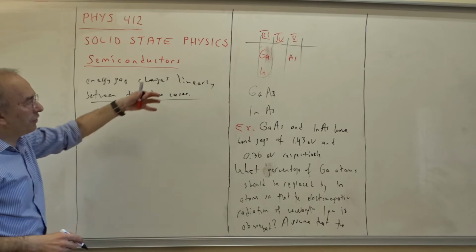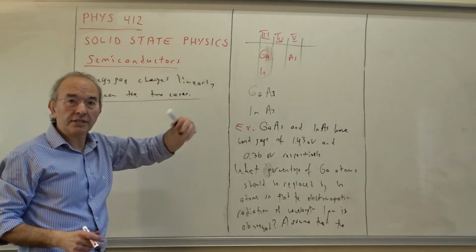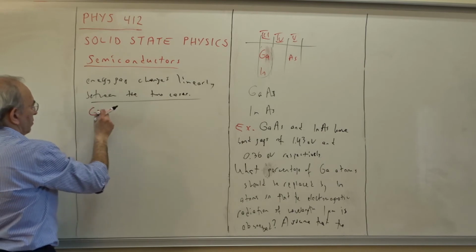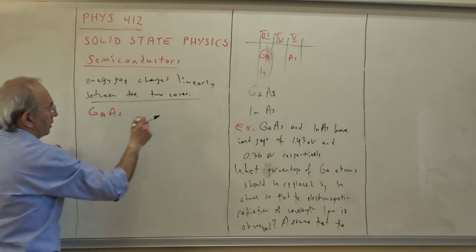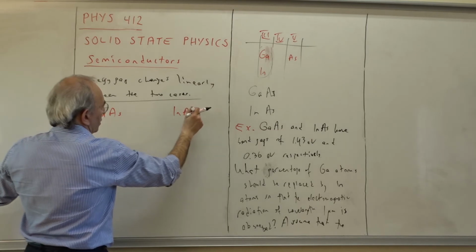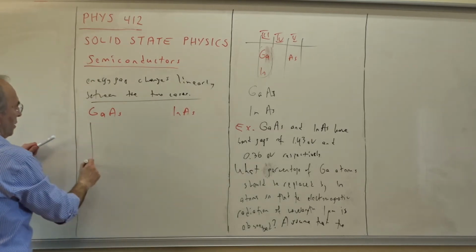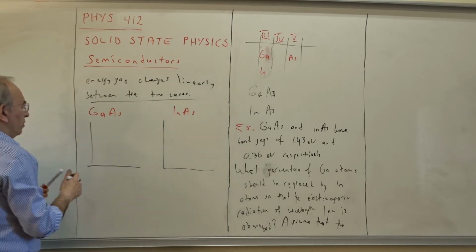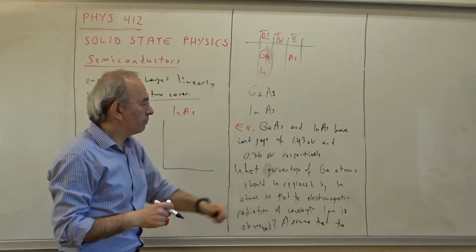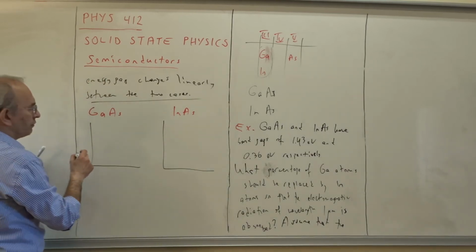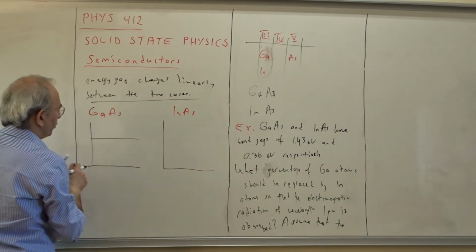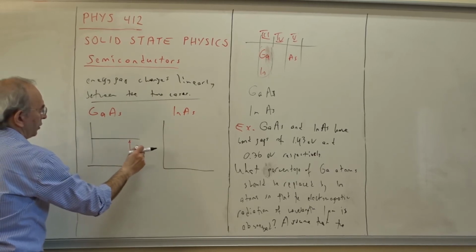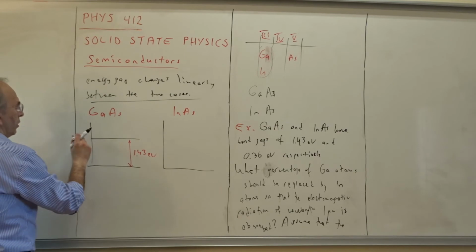So if you compare gallium arsenide and indium arsenide, for the case of gallium arsenide the gap is around 1.43 electron volts.